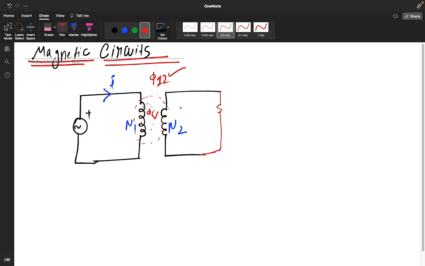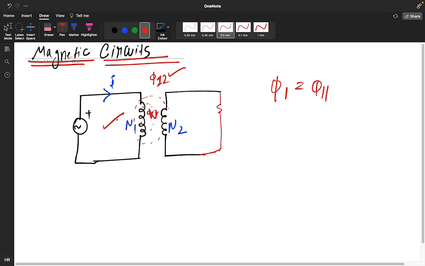Due to the influence of this circuit you are getting this flux, and because of that circuit you are getting that flux. The overall flux in circuit 1 is phi 1, which we write as phi 11 because of N1 turns, and phi 12 because of N2 turns.